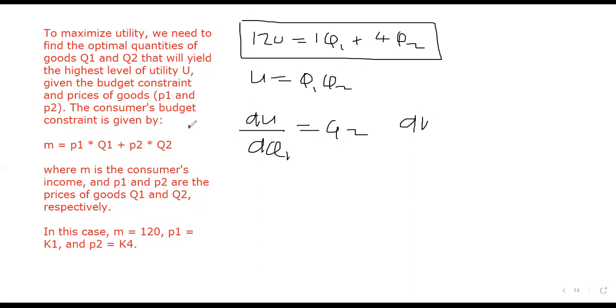This is our marginal utility of what? Of good 1. Du over dQ2 is the marginal utility of good 2, which is Q1.